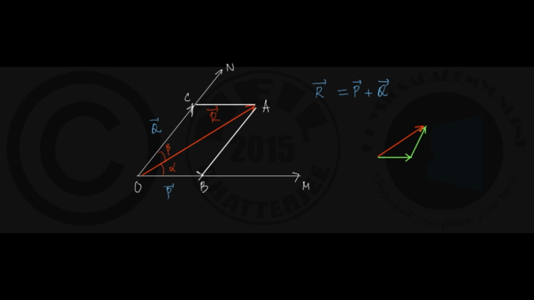So let's repeat once again. If P is one vector and Q was another vector and they have been joined end to end, this is important, that P's head coincides with Q's tail. In that case, join the tail of P to the head of Q in the reverse order. This will give you the resultant of P and Q.